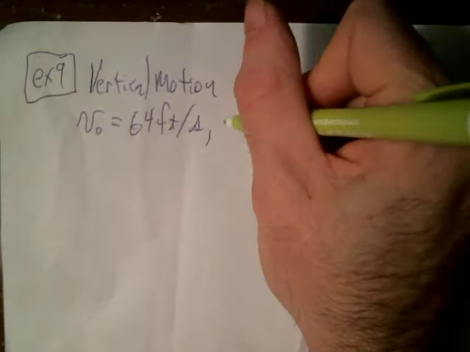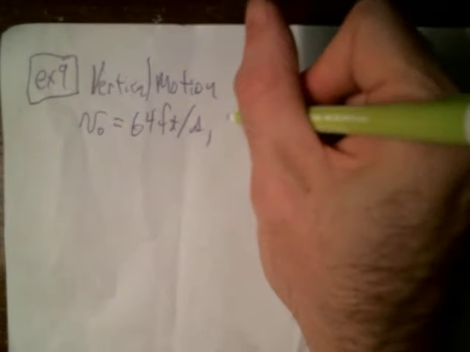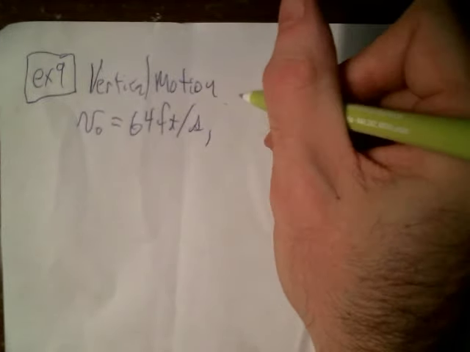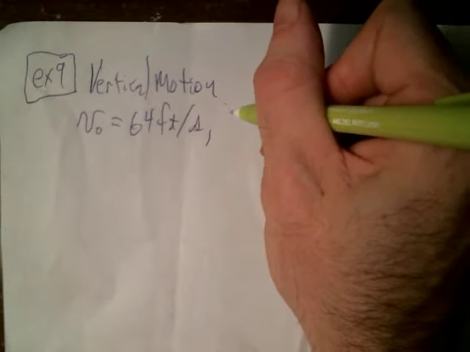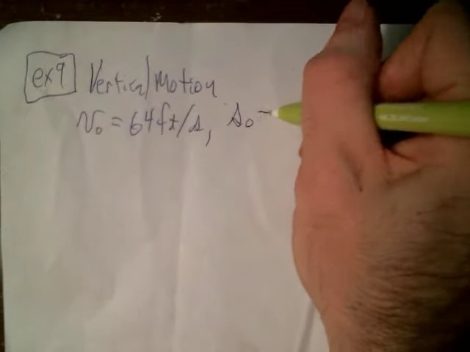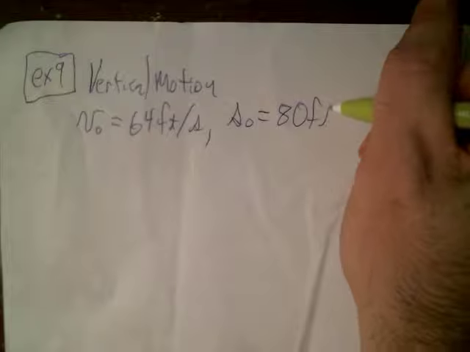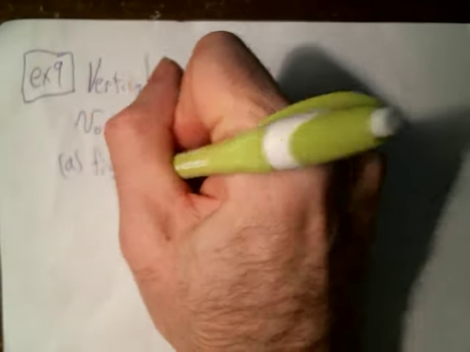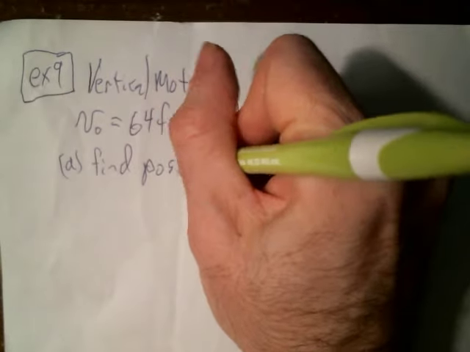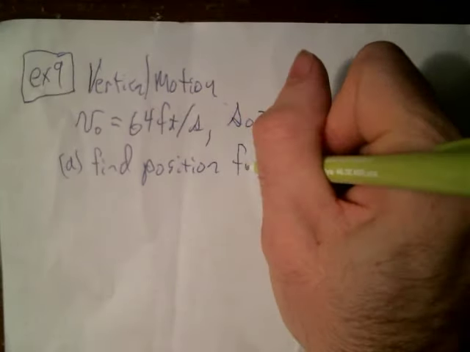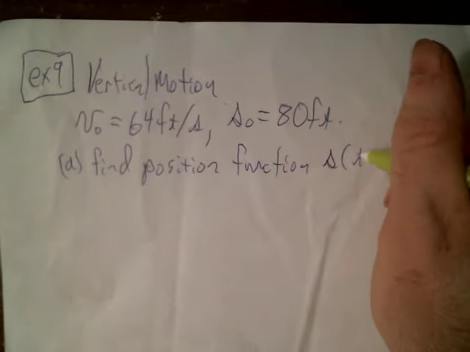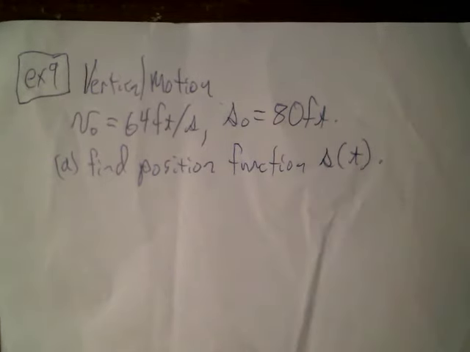I'm also told that the initial position of the ball is 80 feet. So maybe I'm standing on a building, throwing this ball upwards. So s sub 0 is 80 feet. So part A, I want to find the position function s of t.